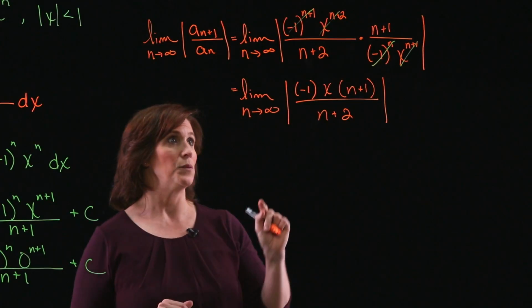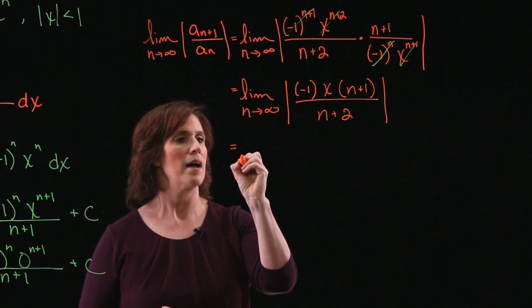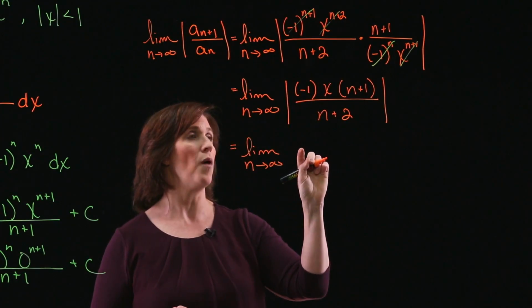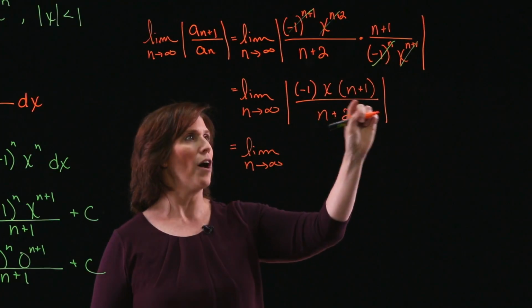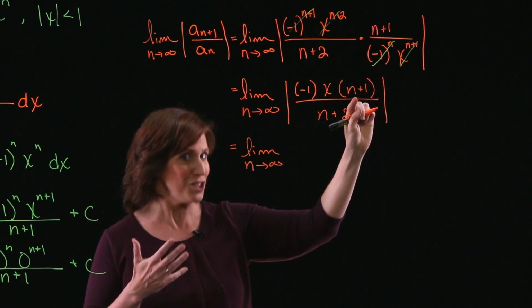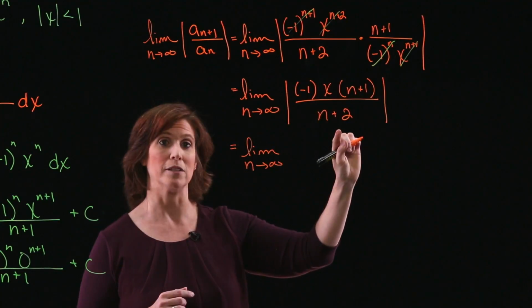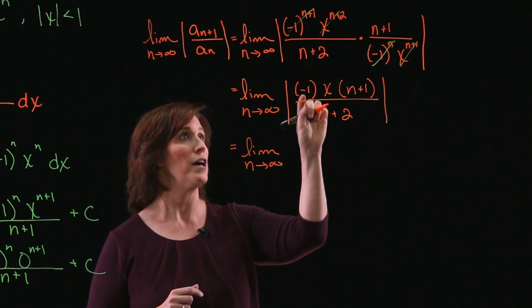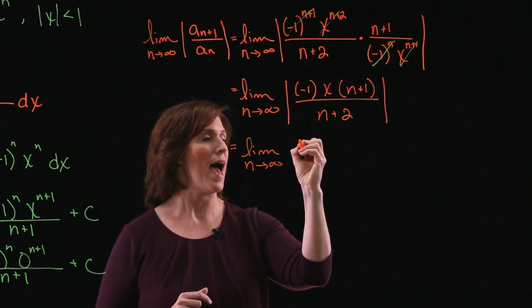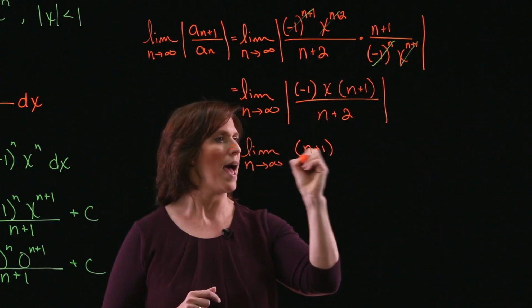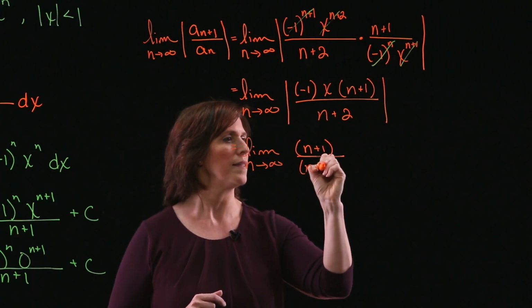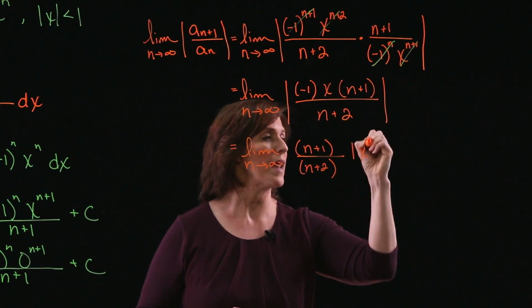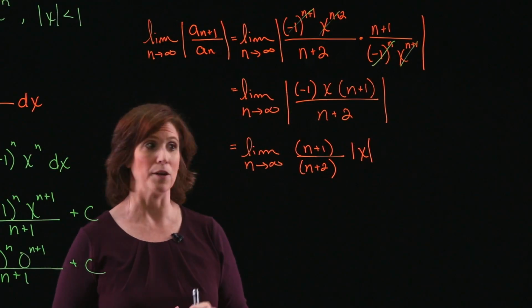Now for the absolute value: the absolute value of negative 1 becomes a 1, and n plus 1 and n plus 2 are always positive, so I can pull them out of the absolute value. Since I don't know what x is, that has to remain inside the absolute value.